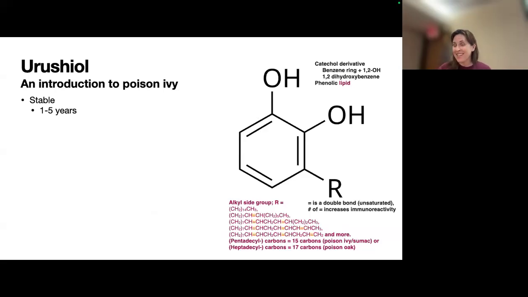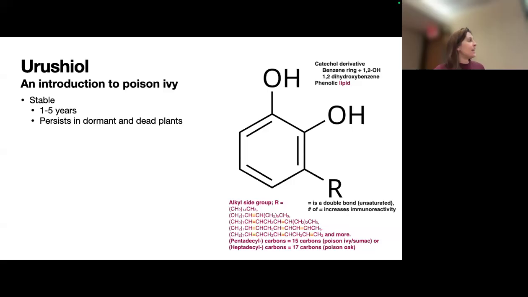Another fun story that I had found when I was looking into the urushiol is that there is a documented case of a museum worker working with a 50-year-old specimen of poison ivy. And because it was held in the proper climate control, they ended up breaking out in poison ivy. And so it can be stable for a really long time.